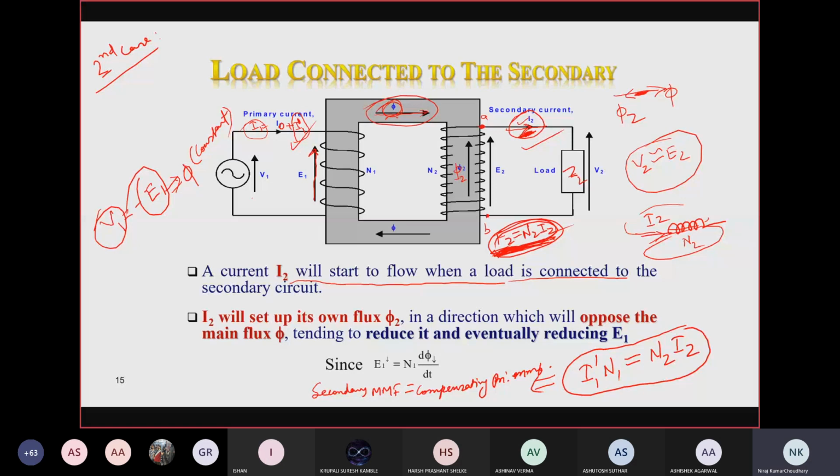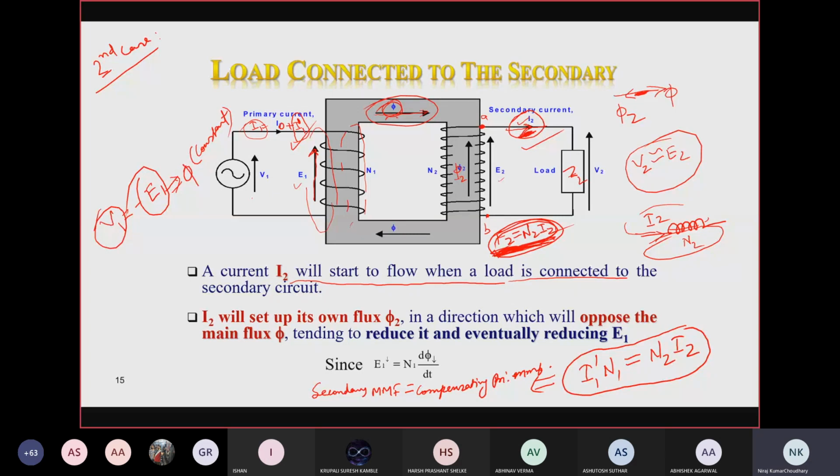So due to the linkage of that flux with the primary coil, an EMF E1 will be induced across the primary coil, right? Now that flux also links with the secondary coil, and some EMF E2 is induced across the secondary winding. Now when we connect the load, a current will flow through the secondary circuit. Now the main thing is the direction of the current.